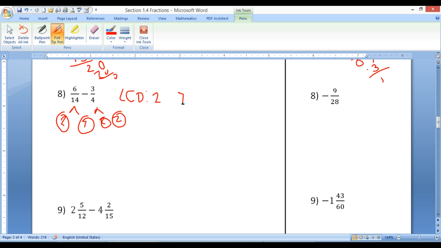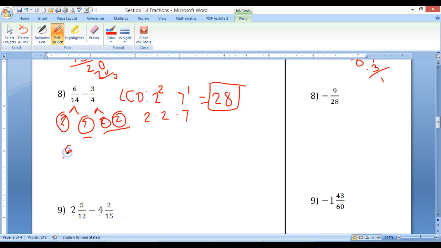And I can only pick one of the denominators, so I'm going to pick this one, and it has 2 of them. The 7, there's only 1, so it's 1. 2 times 2 gives me 4. 4 times 7 is 28, so the lowest common denominator is 28, which means I need to change both of these denominators to be 28 on the bottom.